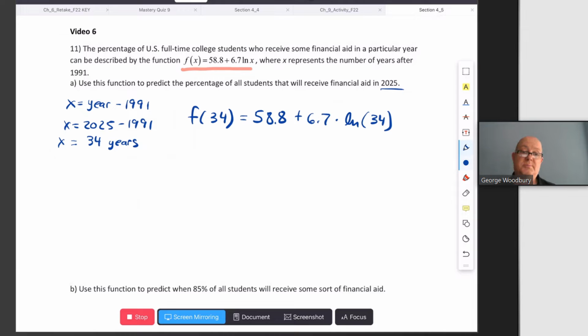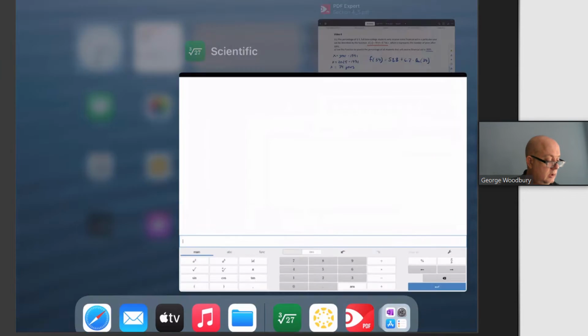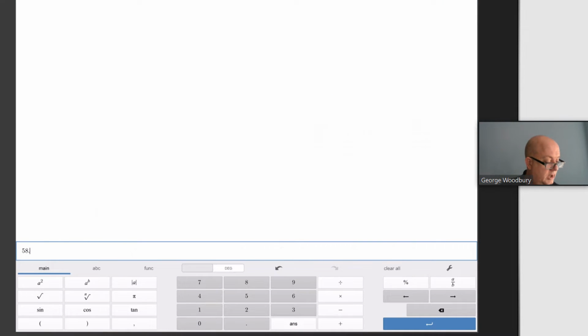So I've got everything I need on the right-hand side. I just need to go to the calculator. One thing to be careful of, again, that 58.8 and the 6.7, you can't add those together. The 6.7 is tied to the natural logarithm.